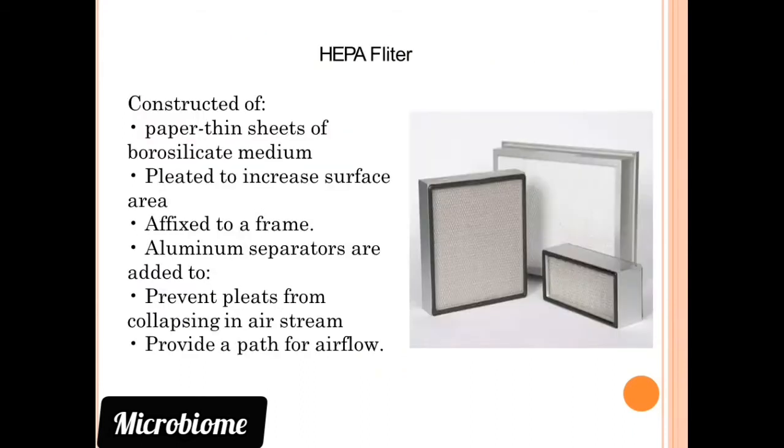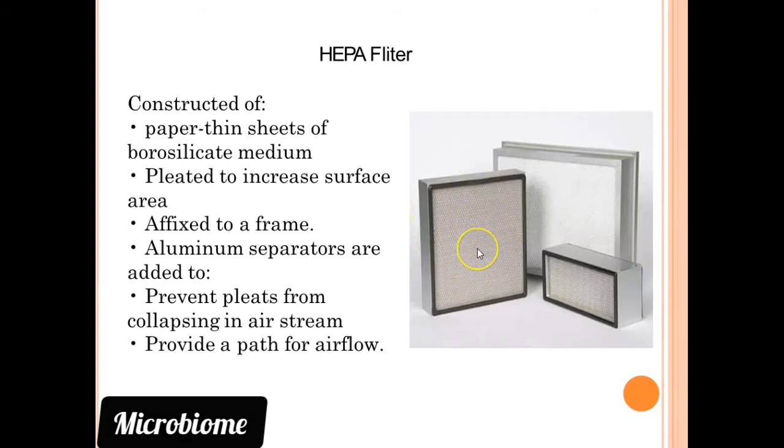Then next, the main part of the laminar airflow is the HEPA filter. How is a HEPA filter made? It is constructed of thin paper sheets of borosilicate medium, and these are pleated to increase the surface area. Then these sheets are affixed to a frame. Here you can observe this frame, and to that frame these sheets are affixed.